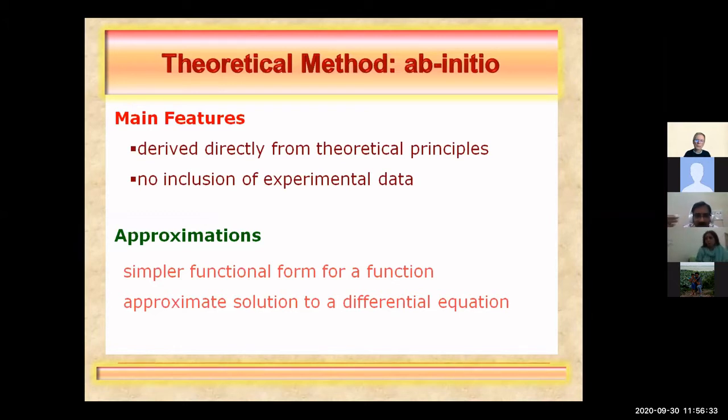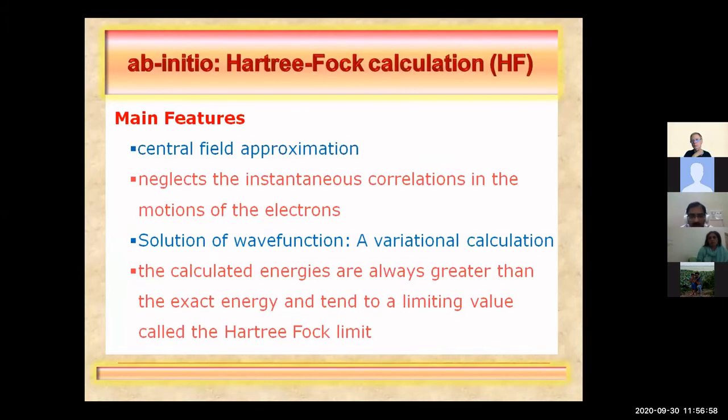It means that once an approximate wave function is defined, there is no further approximation. So it's first principles. The approximations made are usually mathematical approximations, such as using a simple functional form for a function or getting an approximate solution to the differential equation. So these are the two broad approximations. Let us talk about the primary approximation here, which is called the central field approximation.